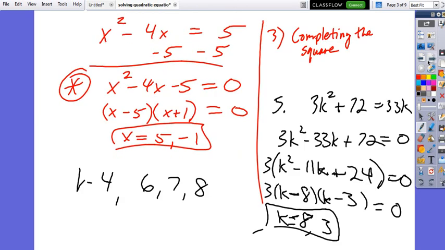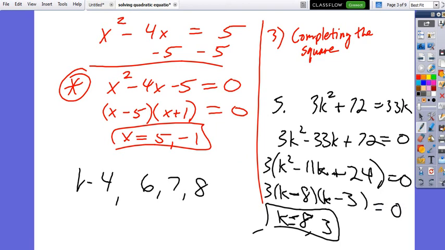Okay, here's another example. Go ahead and copy this down. Okay, so if we have a quadratic equation such as x squared minus 4x equals 5, where the 5 is not on the same side as everything else, what we've got to do is get that 5 to the same side as the x squared.